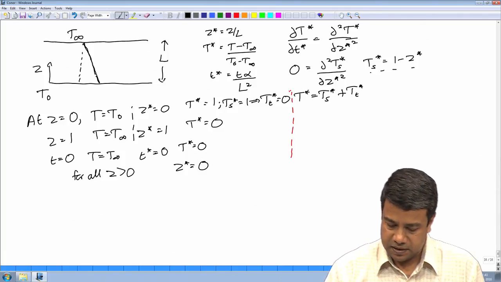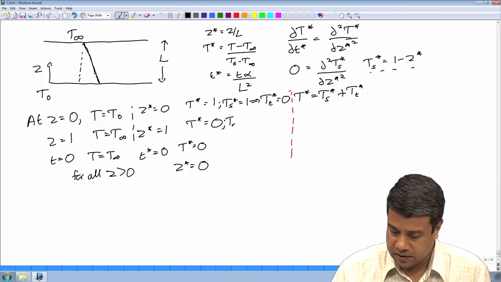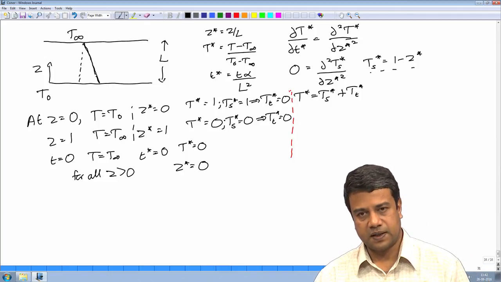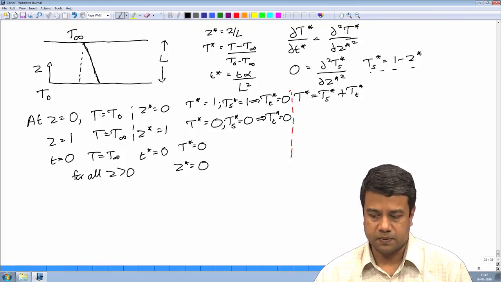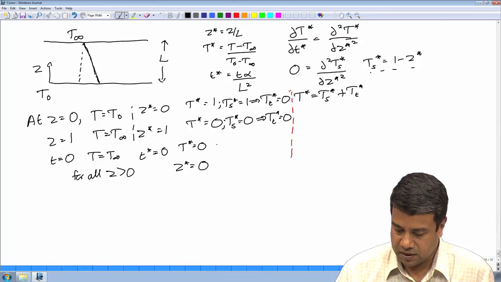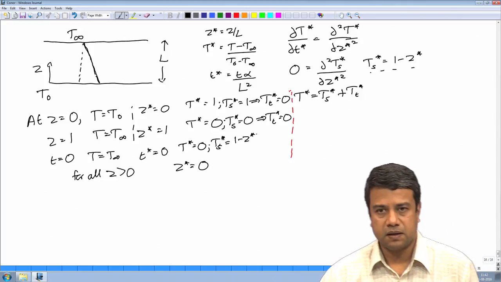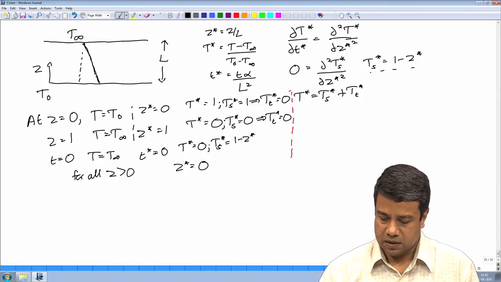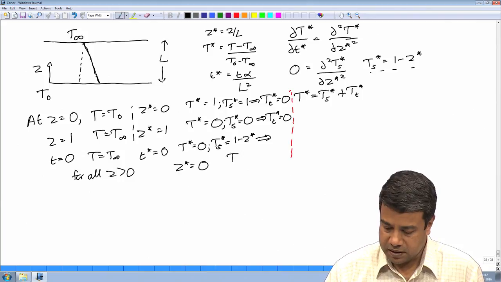At z star equal to 1, T star was equal to 0, the steady temperature was also equal to 0, which implied that the transient temperature is equal to 0 for the transient temperature field. And at time t equal to 0, the total temperature was 0, the steady temperature is equal to 1 minus z star. So, the steady part plus the transient part has to sum to 0. Therefore, this implies that the transient temperature was equal to minus of 1 minus z star.